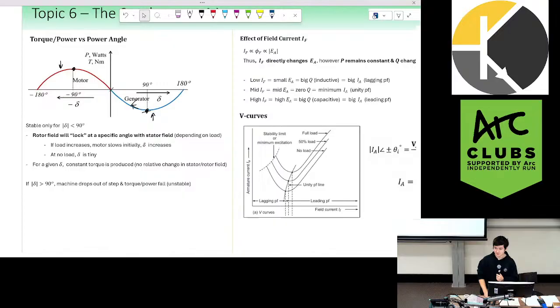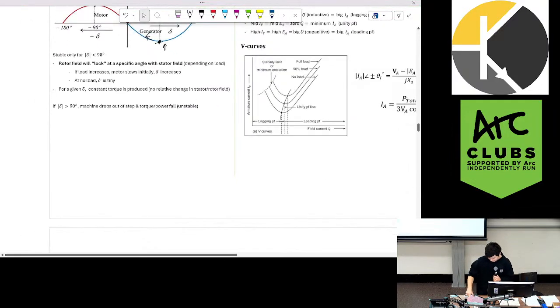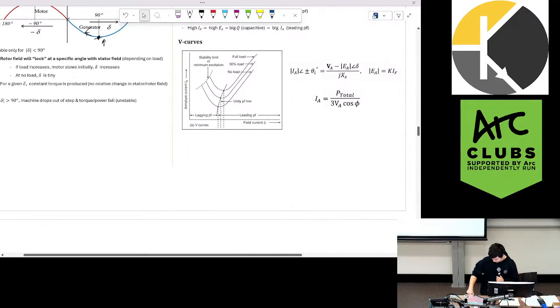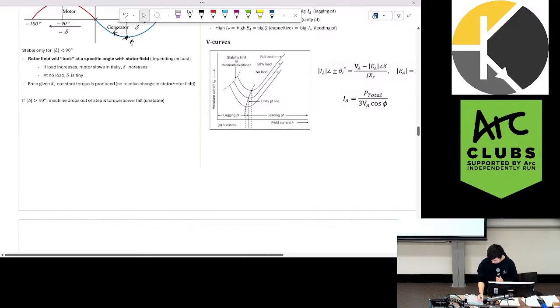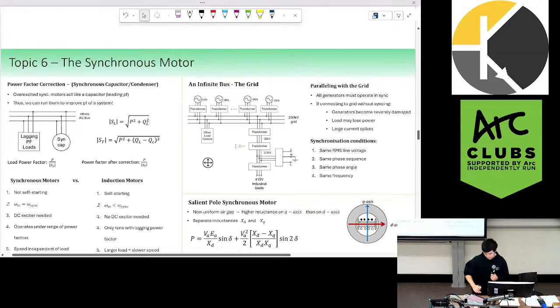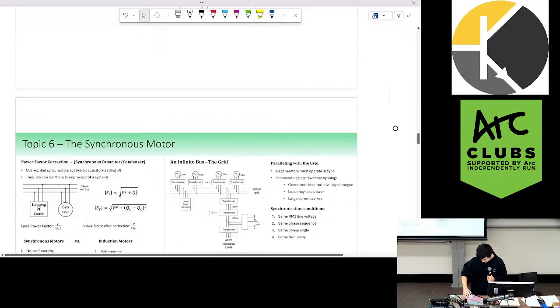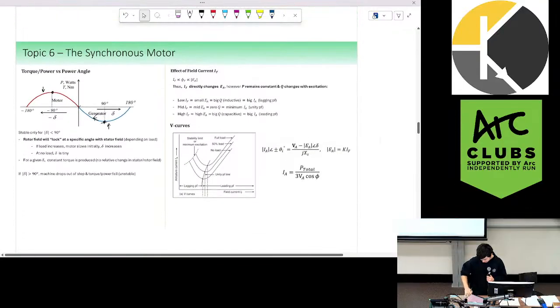Quickly turn it back onto the induction machine, and your lights would have started moving again. All right. So yes, we call that drops out of step, and we experience torque power fall.